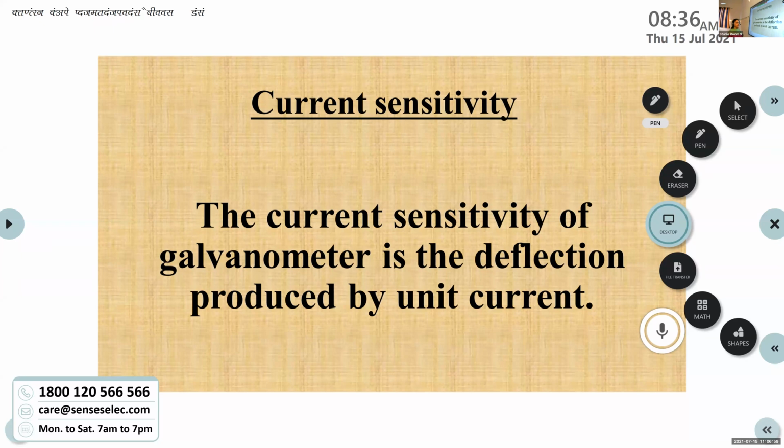By the term deflection we mean the angle of deflection produced by the unit current.